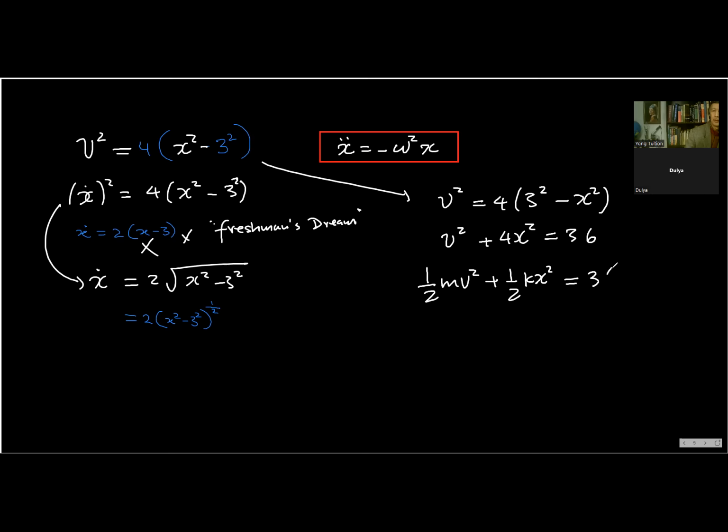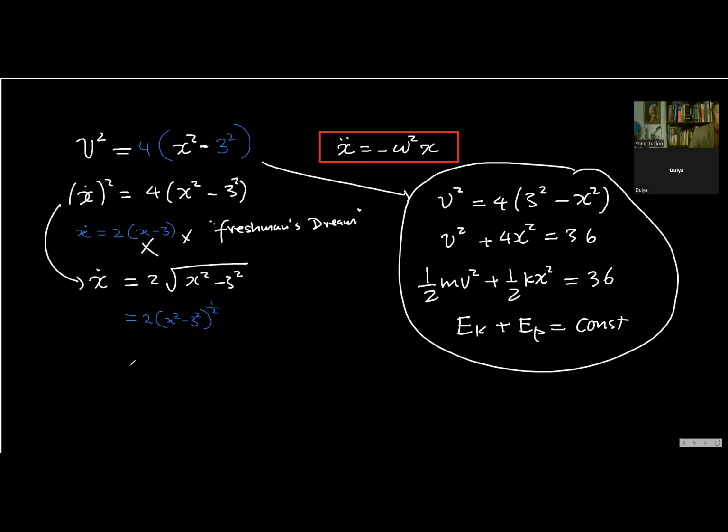If you twist this question, then we can prove this is harmonic motion, because that will tell us kinetic energy plus potential energy equals a constant. And this condition also must be satisfied. But in your case, you have a negative here, so we cannot use this argument. So this is not simple harmonic motion.